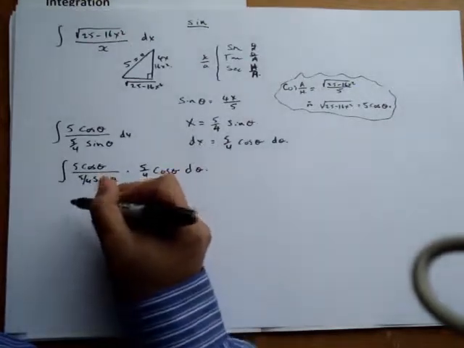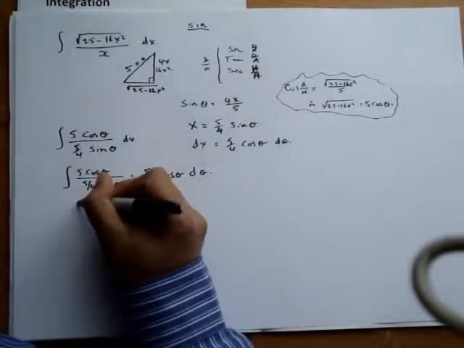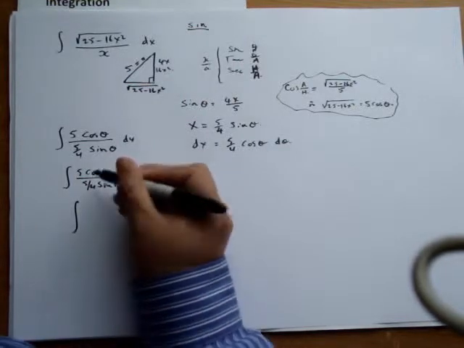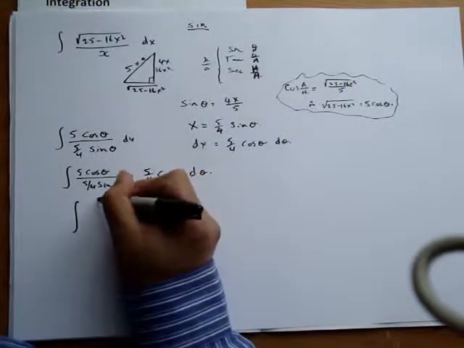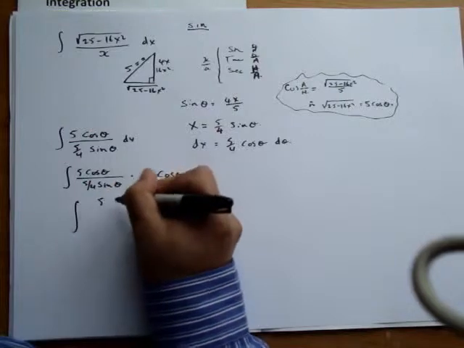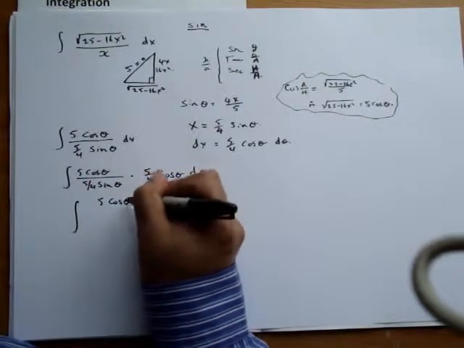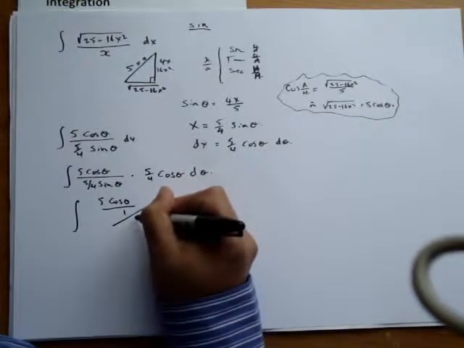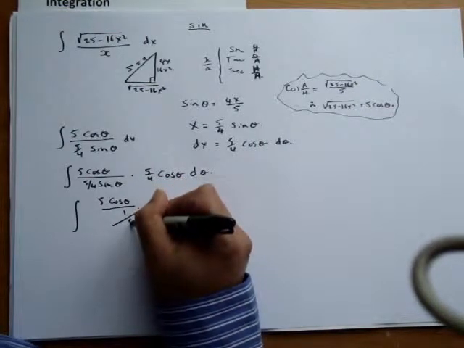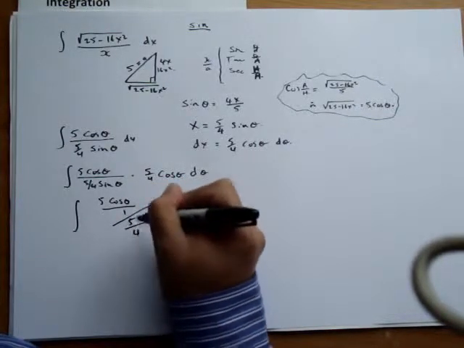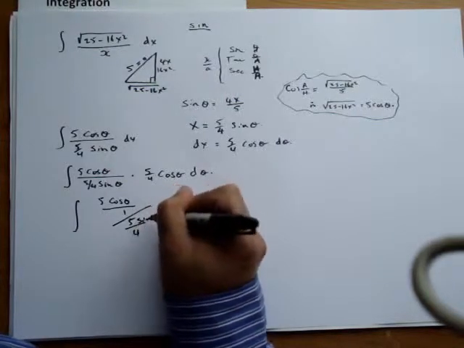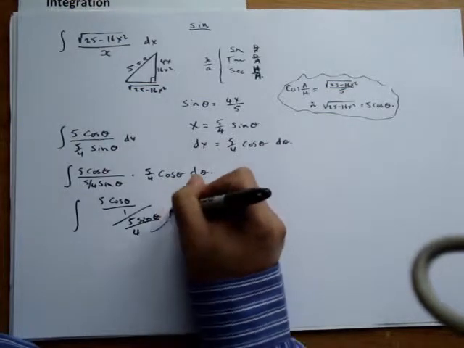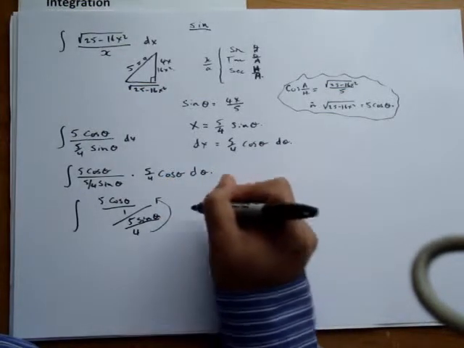So when we rearrange this and do our division, get rid of this 5 over 4, this becomes 5 cos theta divided by 1, all divided by 5 over 4 sine theta. We can take the 4 to the top.